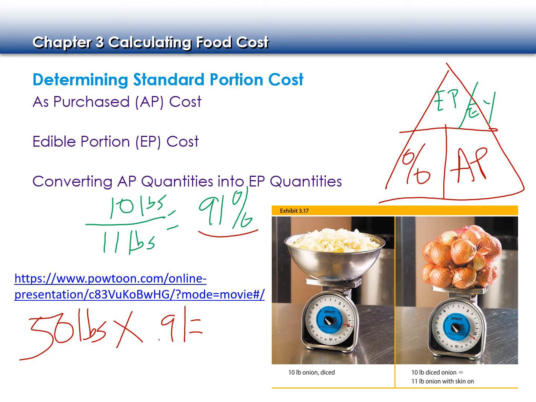So now we have percent times our as purchased. So what is 50 pounds times 0.91? 45.5. So I can expect when I purchase a 50-pound bag of onions, I'm only going to get 45.5 pounds out of that because my percentage is 91%. Okay?